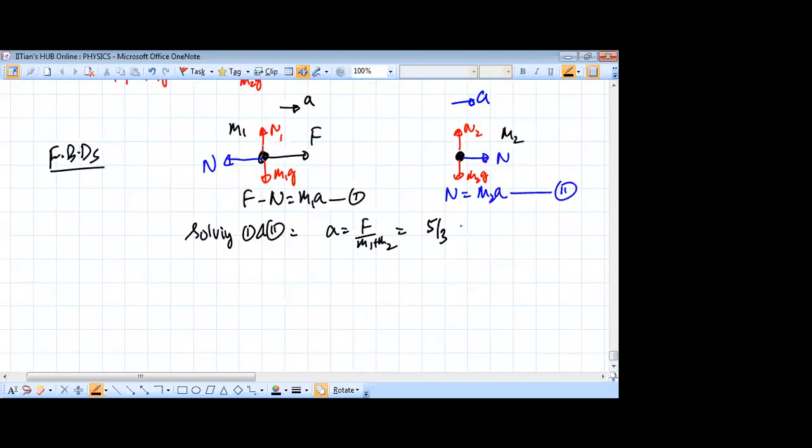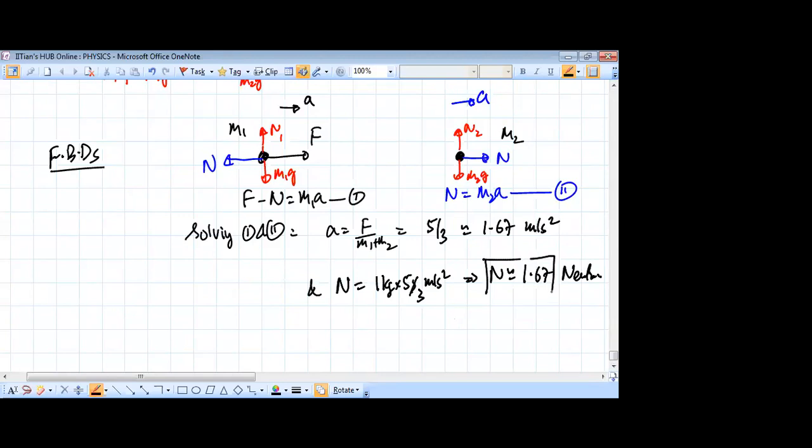So 5 by 3, or approximately 1.67 meters per second square, and you will get N as M2, which is 1 kg into 5 by 3. So N will also approximately come as 1.67, but that is in newtons. And this is the acceleration in meters per second square.